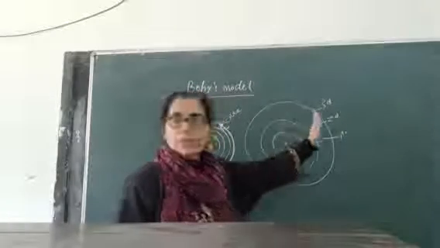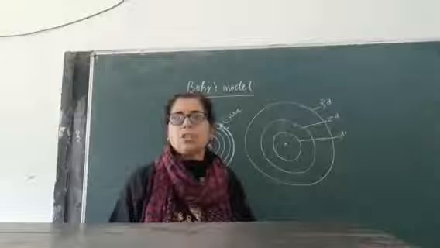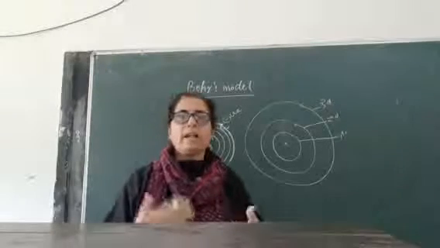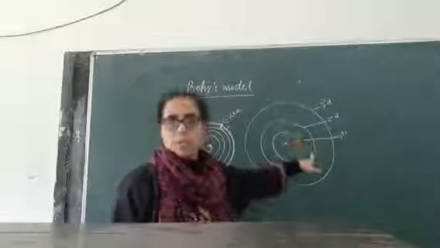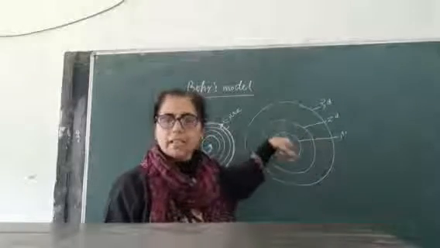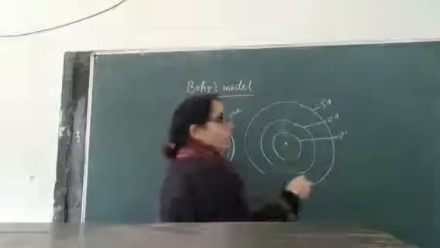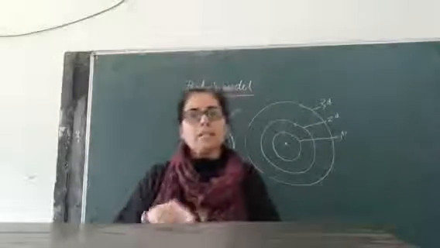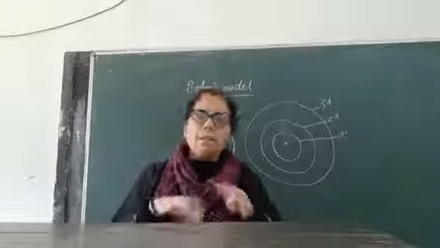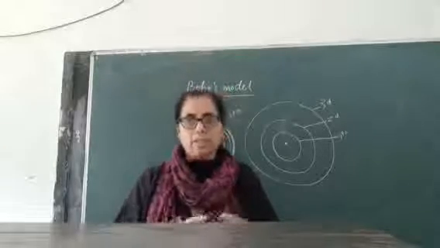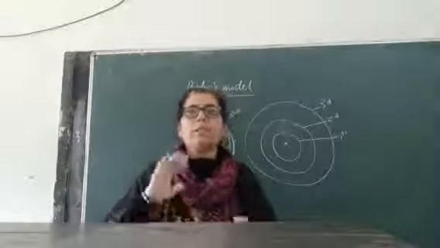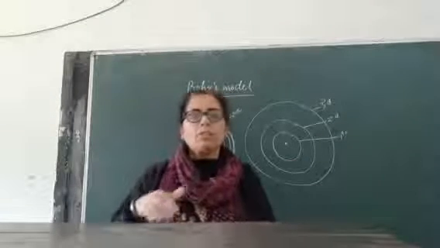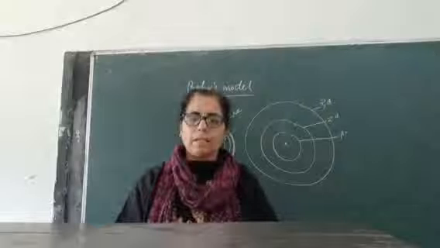As we move away from the nucleus, the energy of the orbital increases, so those electrons having higher energy move to the next orbital or shell. In this way, each shell has its own energy, and the electrons revolve according to their energy. There is no need for the electron to give out its energy, as they use the required energy to revolve in a circular path.